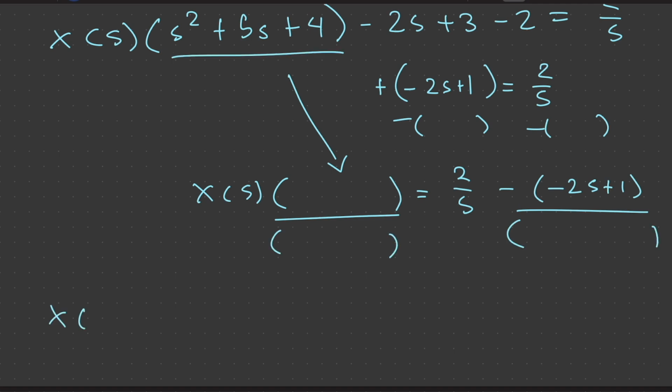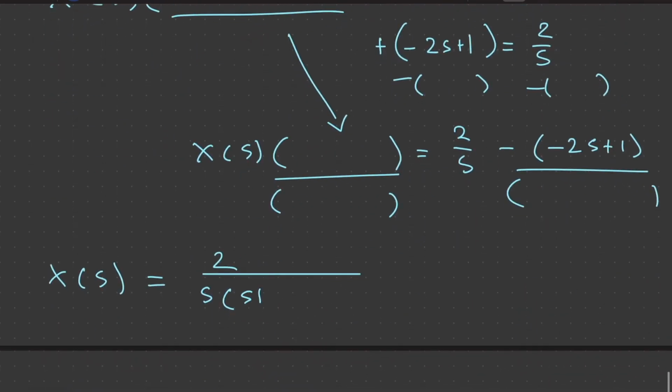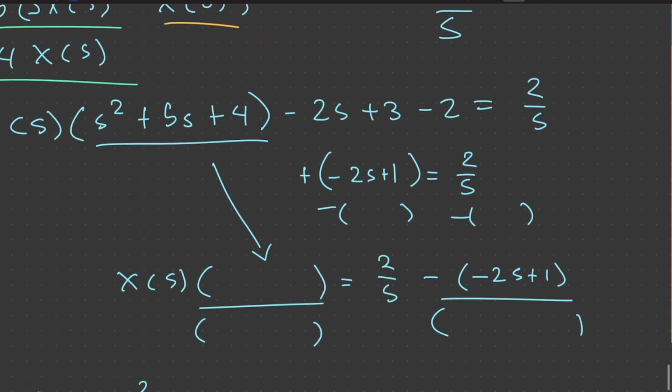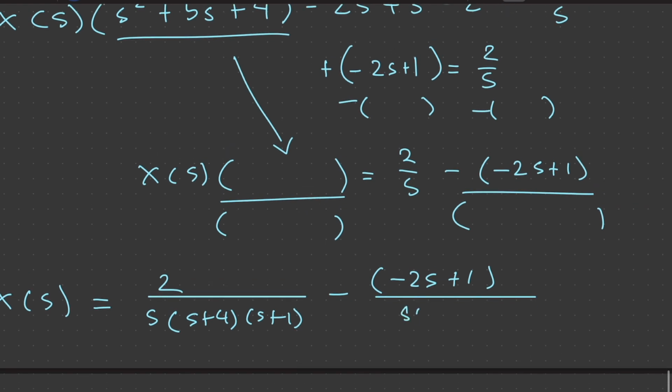So we're going to get x of s is equal to 2 over s. I'll go ahead and factor this real quick. Looks like it's going to be s plus 4 and s plus 1. And then minus negative 2s plus 1 over s plus 4 and s plus 1. Okay.